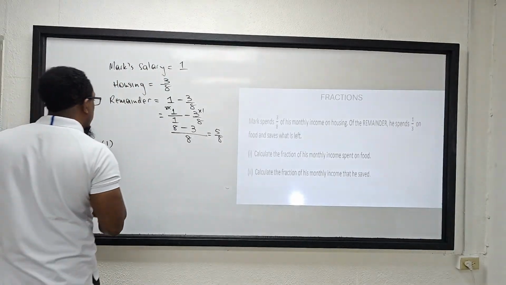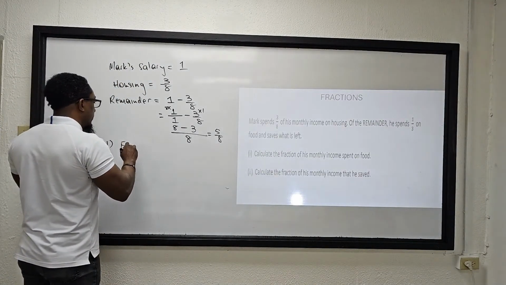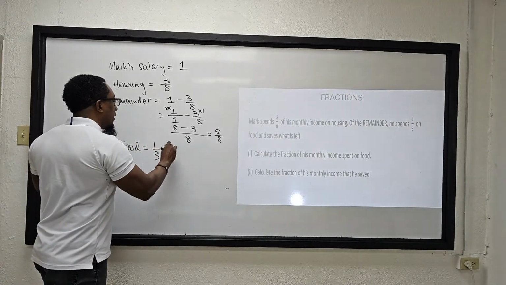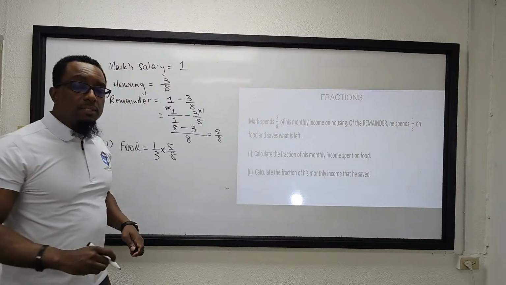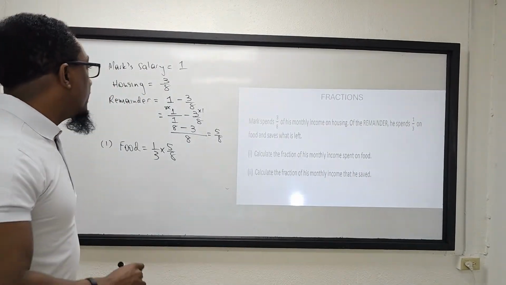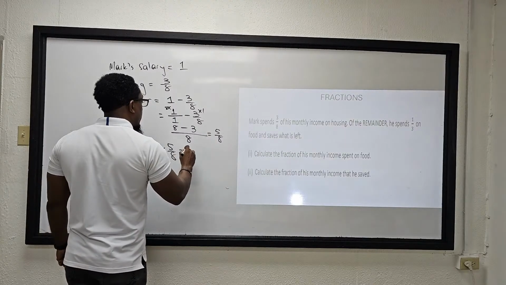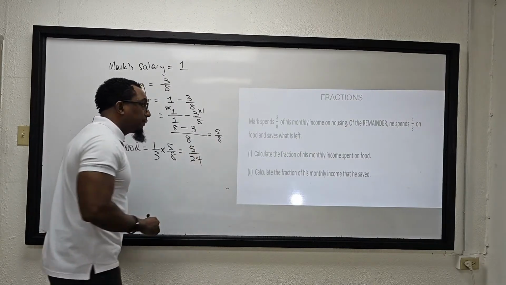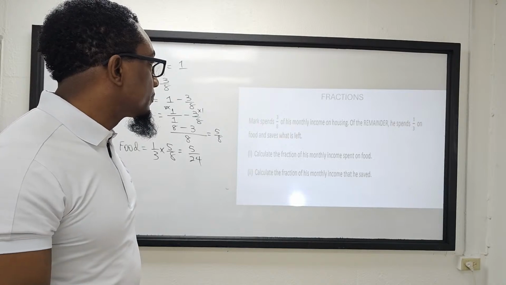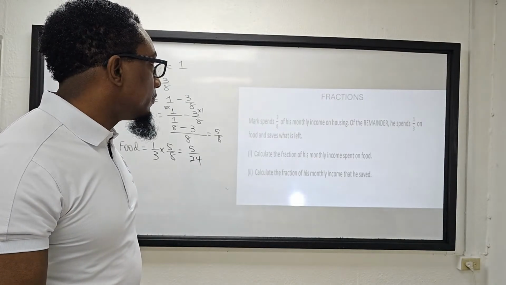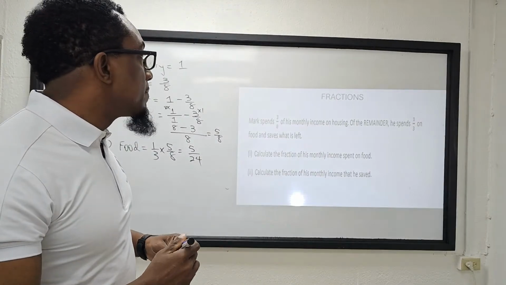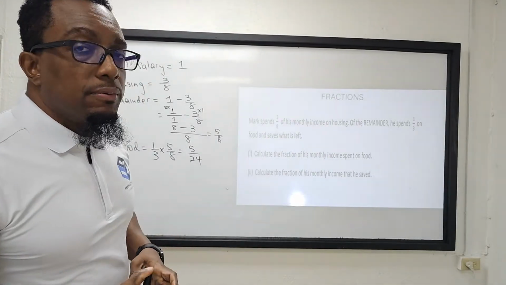So food is basically 1/3 of the remainder, which is 5/8. And 1/3 of 5/8 will give us 5/24. So this is the fraction of his monthly income spent on food.